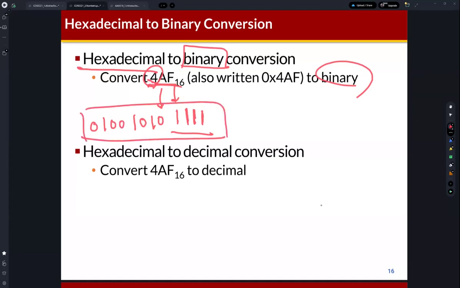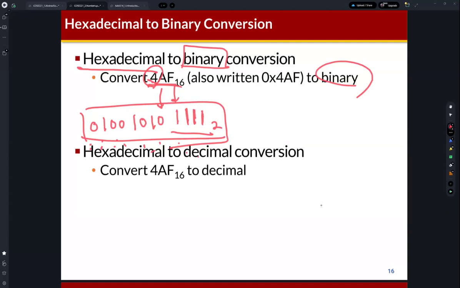By merging these conversions, 0100 1010 1111, this becomes the binary number. So we can easily convert hexadecimal to binary.